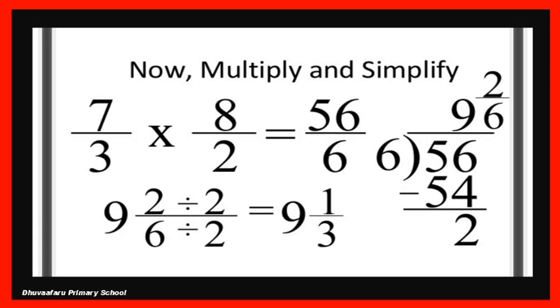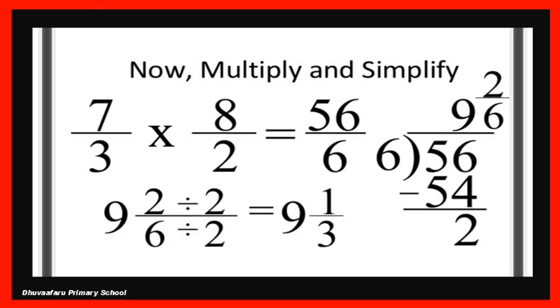Now you have to divide the fraction as the numerator is bigger than the denominator. So you have to divide 56 from the table of 6. So 54 is nearer to 56, which is coming from 6 times 9.